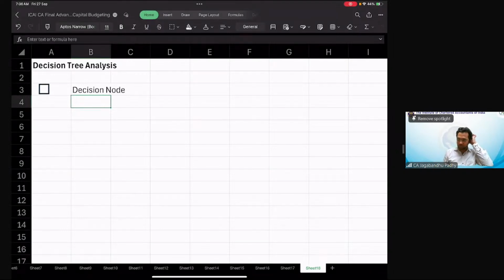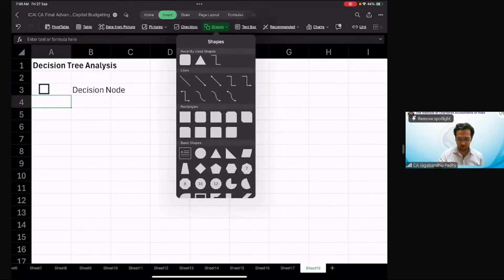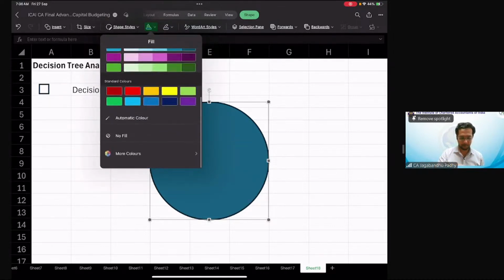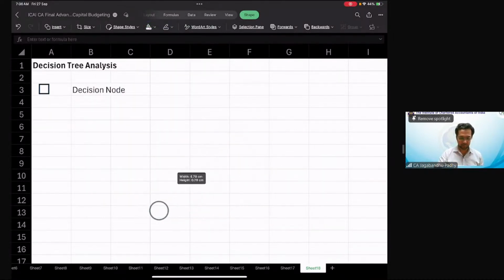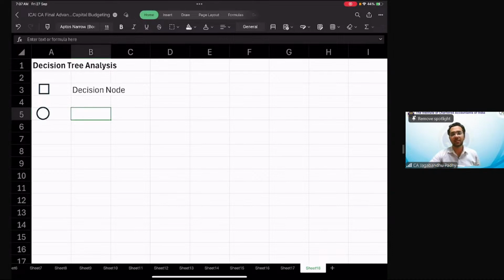And after the decision, whatever is going to happen is represented by a circle. So a circle means that it is going to be the outcome node, or the possible chance node.